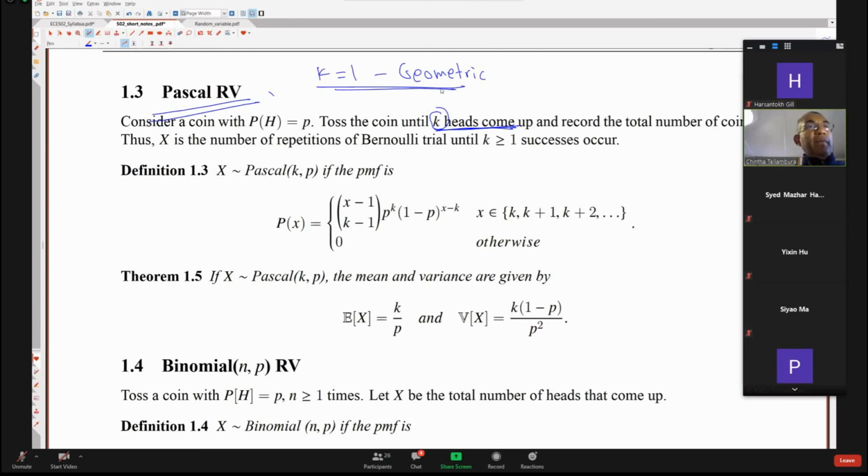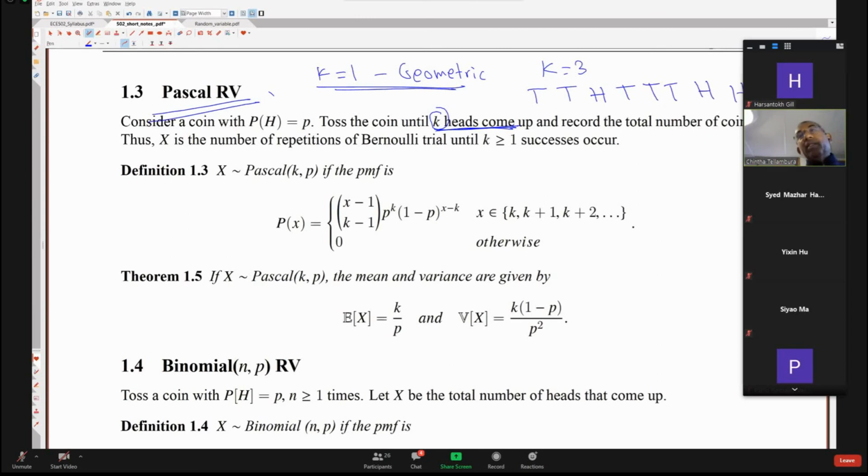We don't have to go back there. But let's say my k is 3. That means I have to continue tossing the coin until 3 heads come up, not sequentially, but at any time. So it may look like this: tail, tail, the second toss is tail, head comes up, then 3 tails, then I get a heads and a head.